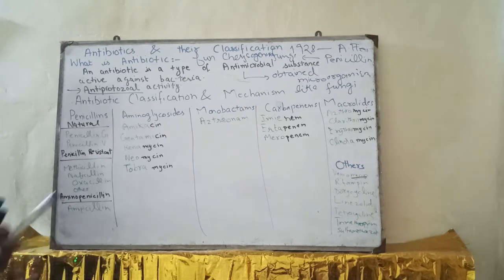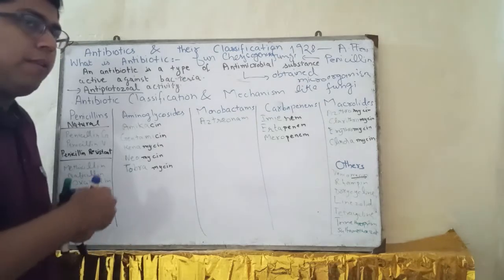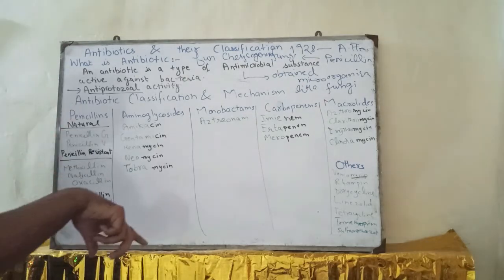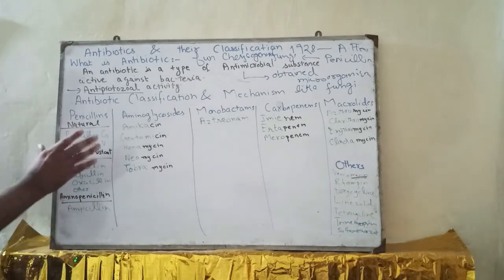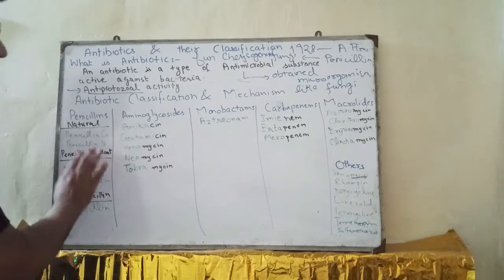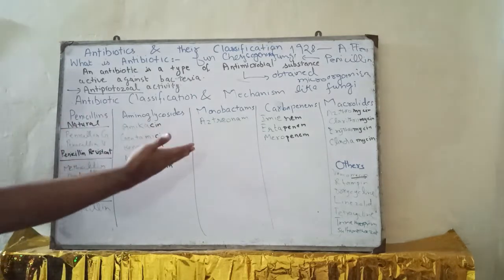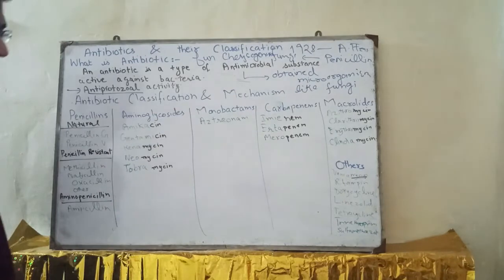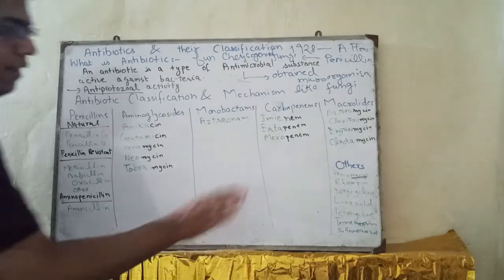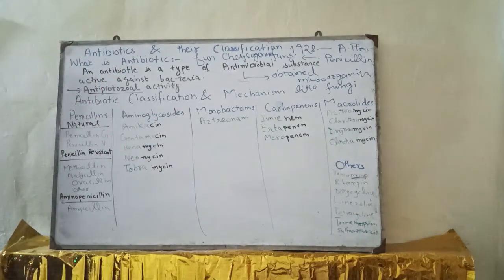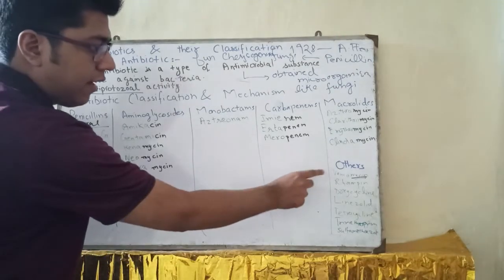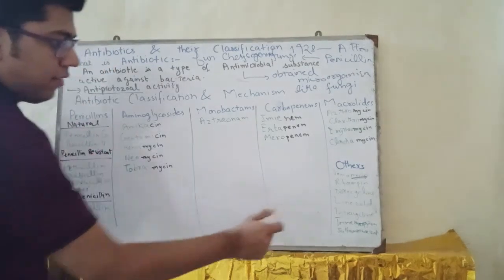They always forget some exception cases. So through mnemonics, we will discuss them in the next video. The other classes we will discuss here are penicillin, aminoglycosides, monobactams, carbapenems, and macrolides. There is also an other category, which includes vancomycin and rifamycin.